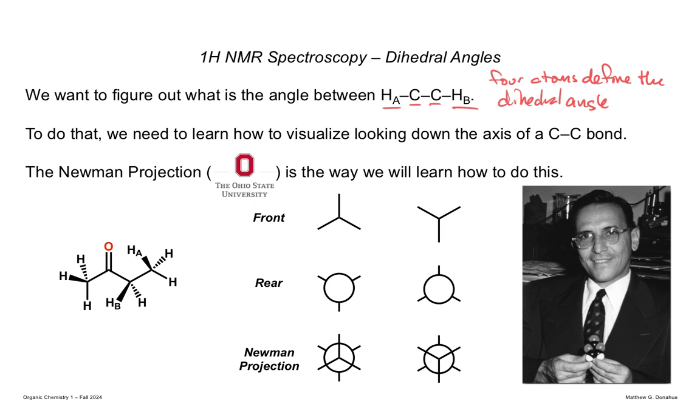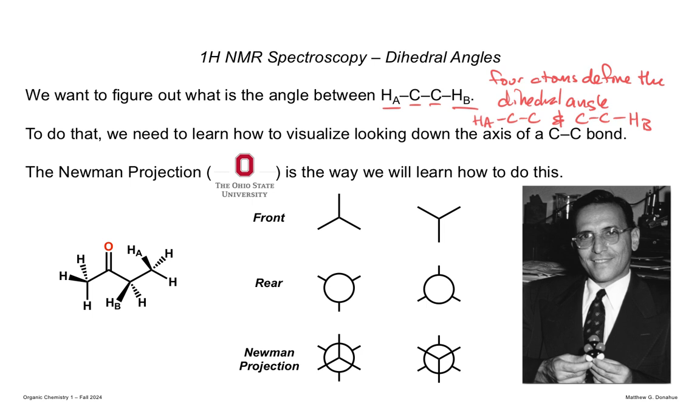And so remember that the dihedral angle is defined by the intersection of two planes. Those two planes would be HA, CC, and CC, HB.